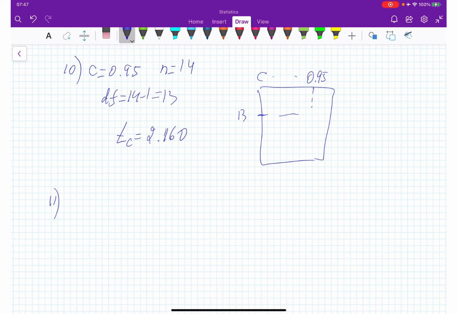Construct indicated confidence interval where C is given, confidence level 0.9. What else is given? X bar is given 12.8. Remember what I said, T critical, Z score, it's same meaning.